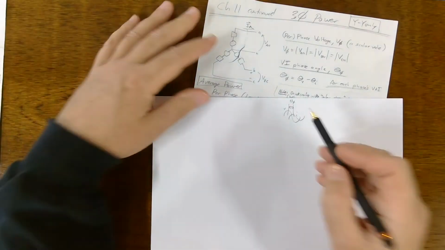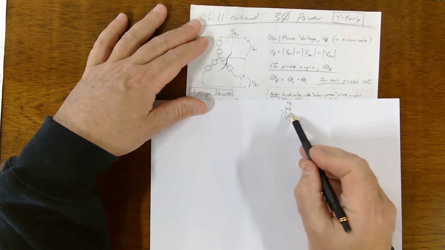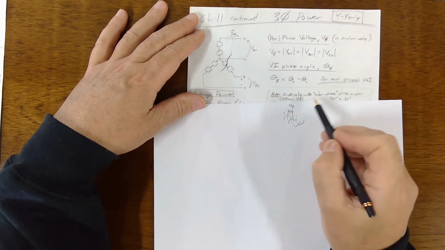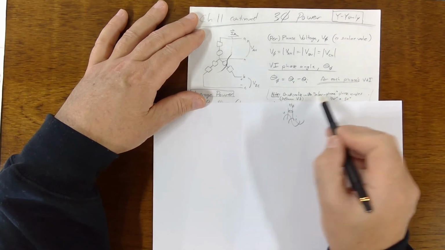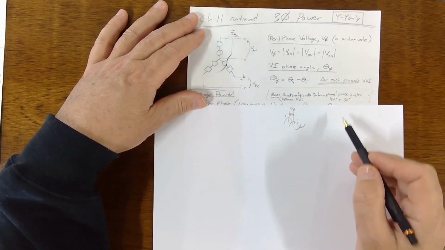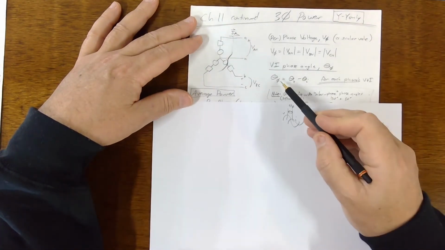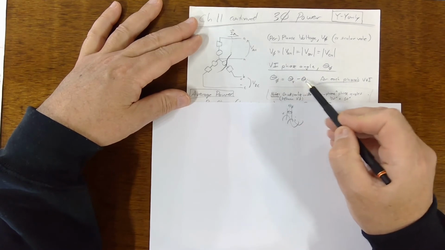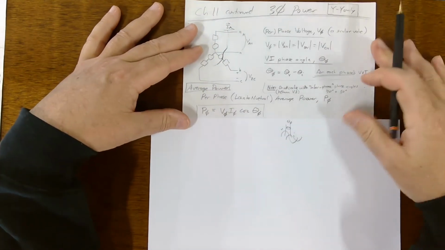But remember, there's a voltage and a current, and those two have a phase shift. So don't confuse the interphase phase angles, that is the phase angles between the voltages, with the current voltage phase angle. It's 2 different things. So we need to think about theta sub phi, the phase difference between the voltage and the current. And keeping that in mind, we have a bunch of math we can use.